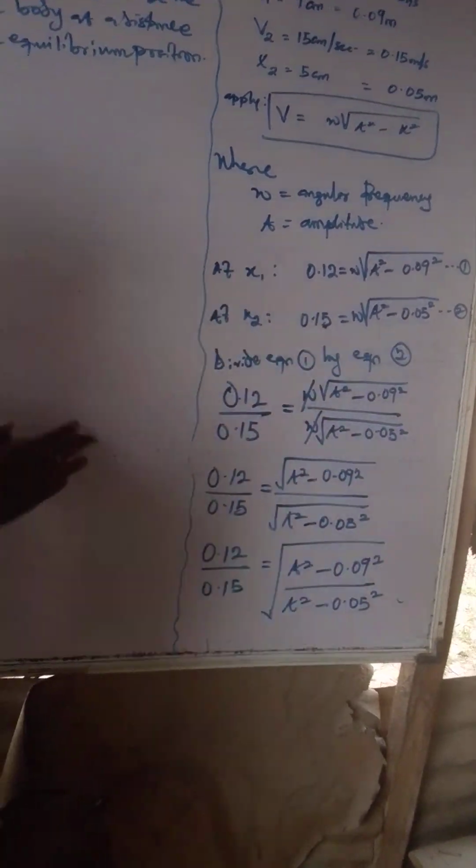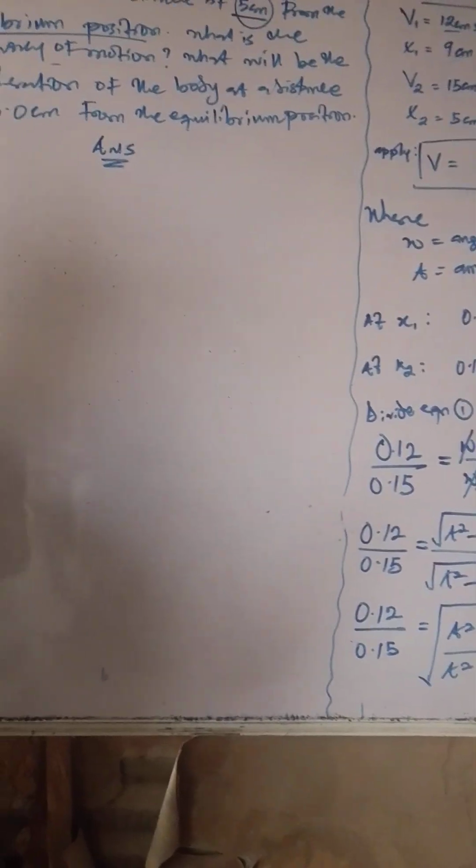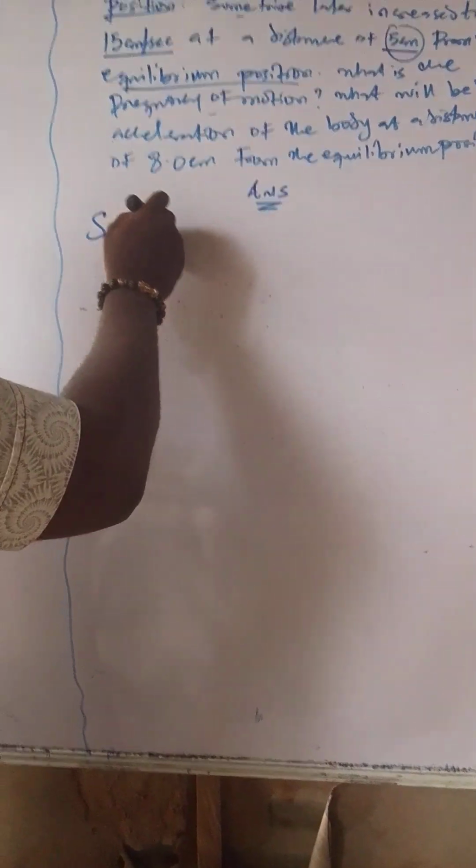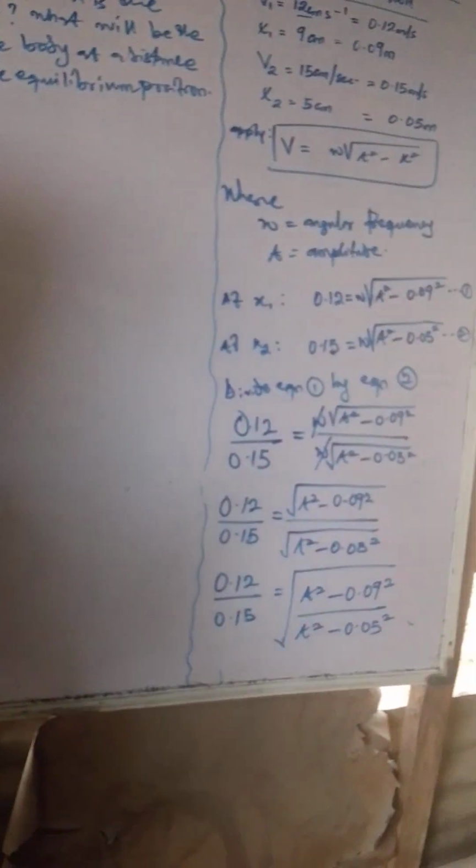Now let's square both sides in order to eliminate the square root.